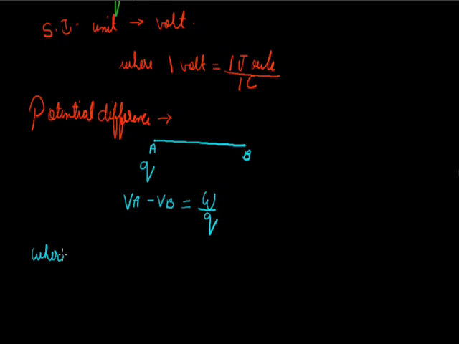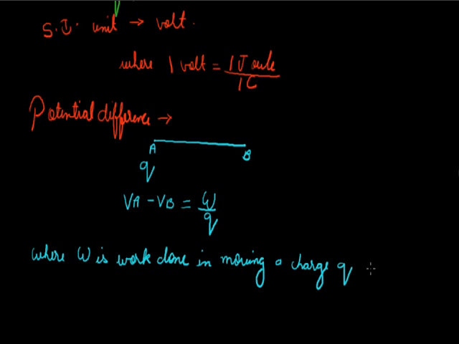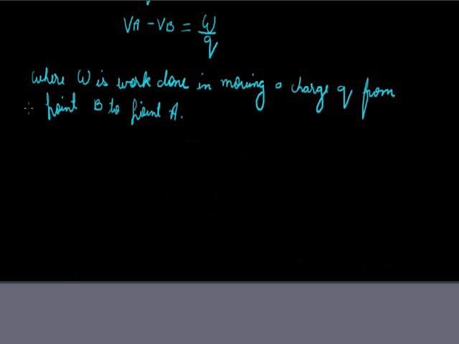Where W is the work done in moving a charge Q from point B to point A. The device which is used to measure the potential is potentiometer.